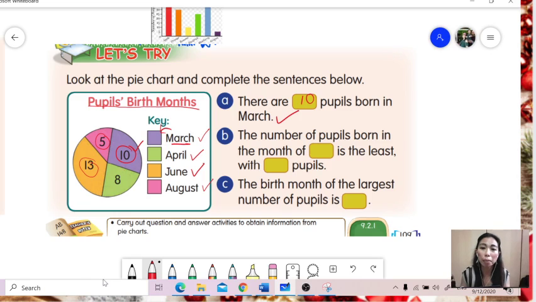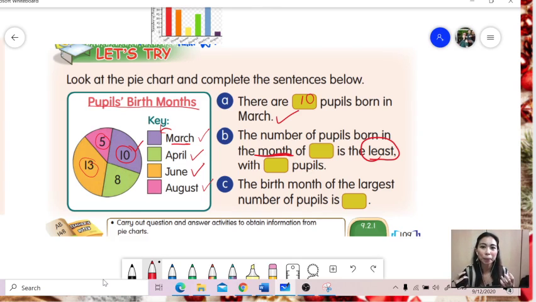B, the number of pupils born in the month of. Here you have to understand the sentence. It's asking for the month. Bulan is the least, yang paling kecil, yang paling sedikit. So it asks you what month has the least number of pupils born.